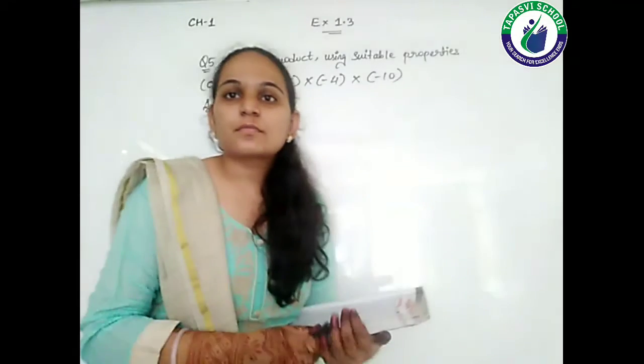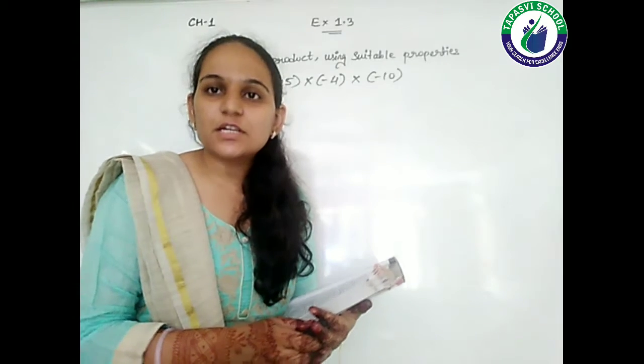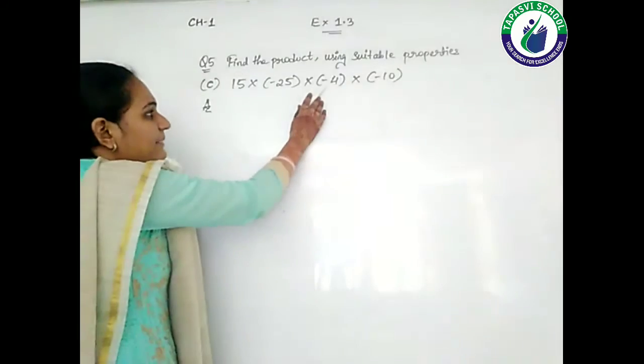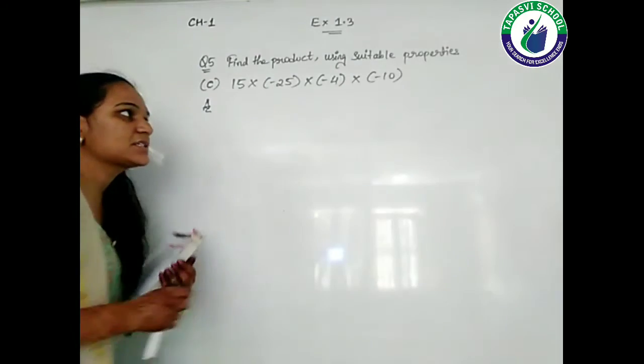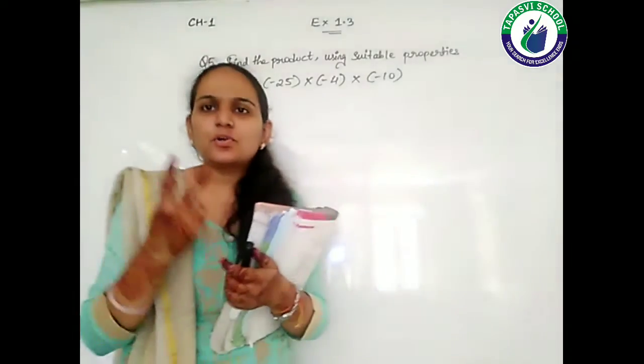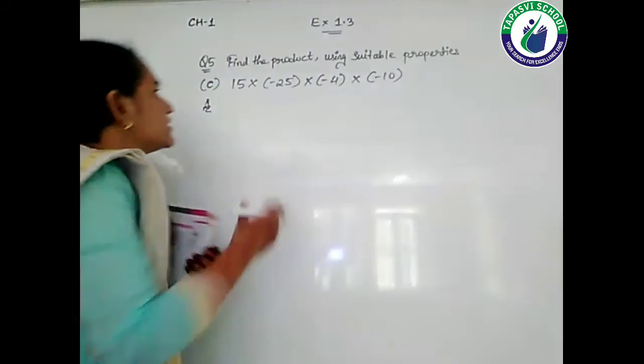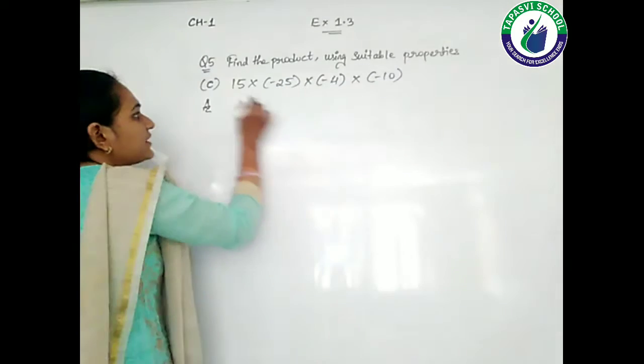Okay students. Now just see the third question. 15 multiplied by minus 25 multiplied by minus 4 multiplied by minus 10. So here you can make a group of two numbers, and then you can multiply them. So I am making a group of 25 and 4.